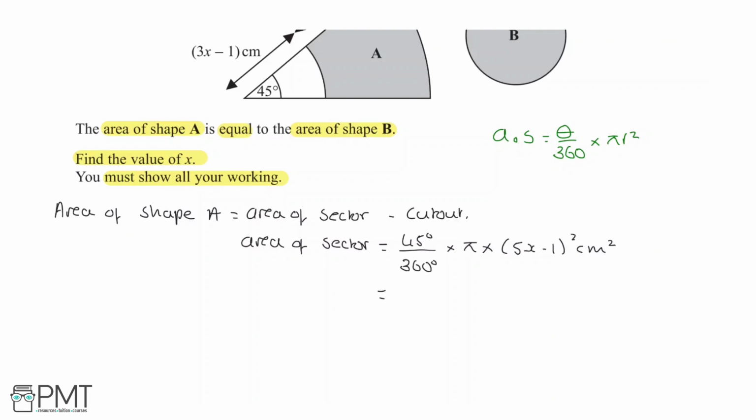We don't have a calculator for this question, so we need to think about it. If you go to 90 degrees, which everyone knows is a quarter of a circle, that is 1 over 4. 45 is half of 90, so it's half of 1 over 4, which is 1 over 8. So we have here 1 over 8 times pi times 5x minus 1 squared.